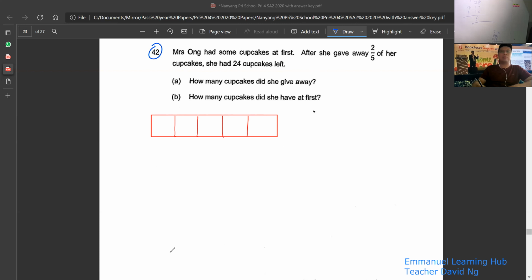Give away 2/5, right? Correct? Give away 2/5. How many left?